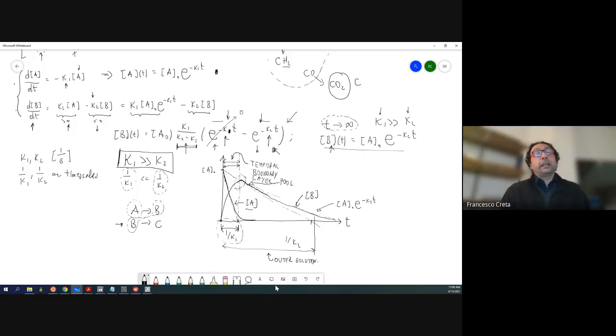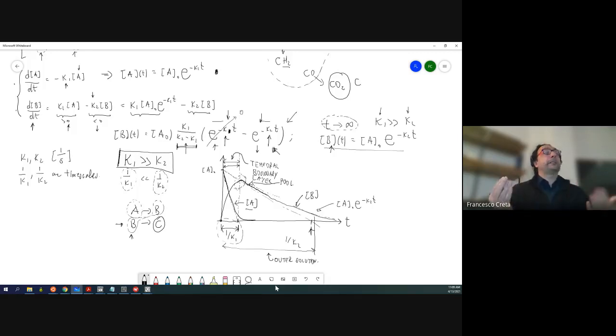And then eventually, when the time scale 1 over k2, the slow time scale, is depleted, essentially everything stops, in the sense that now the intermediate radical pool is depleted, and we have the formation finally of our product.